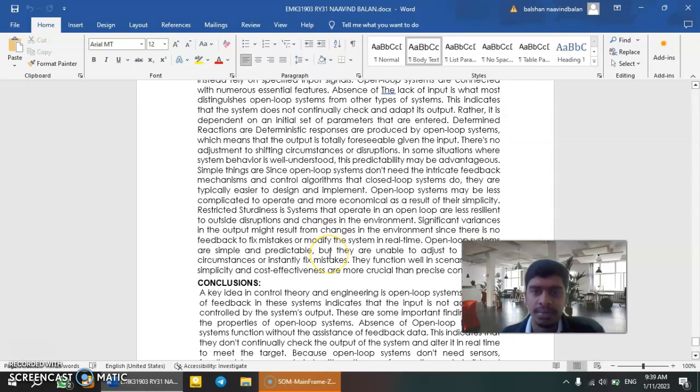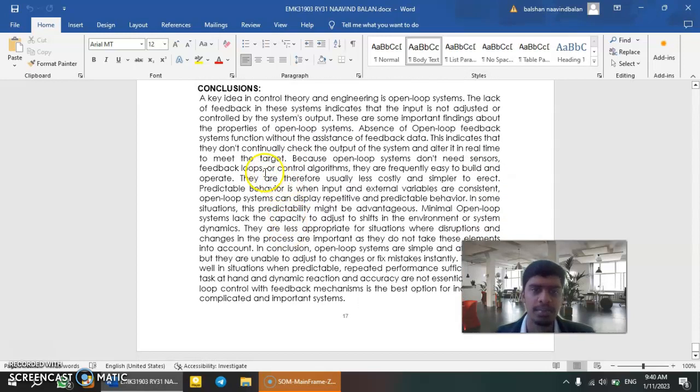An open loop system may be less complicated to operate and more economical as a result of its simplicity. Regarding restrictions and sturdiness, a system that operates in open loop is less resilient to outside disruption and changes in the environment.